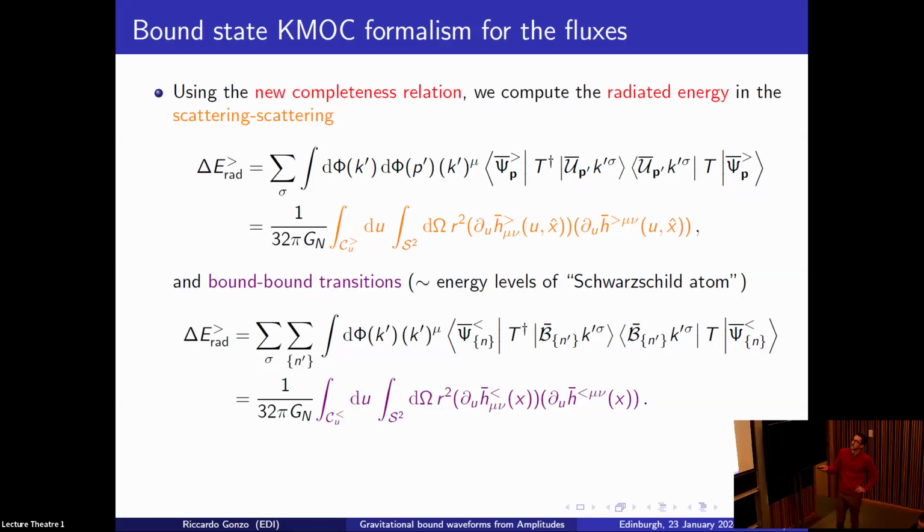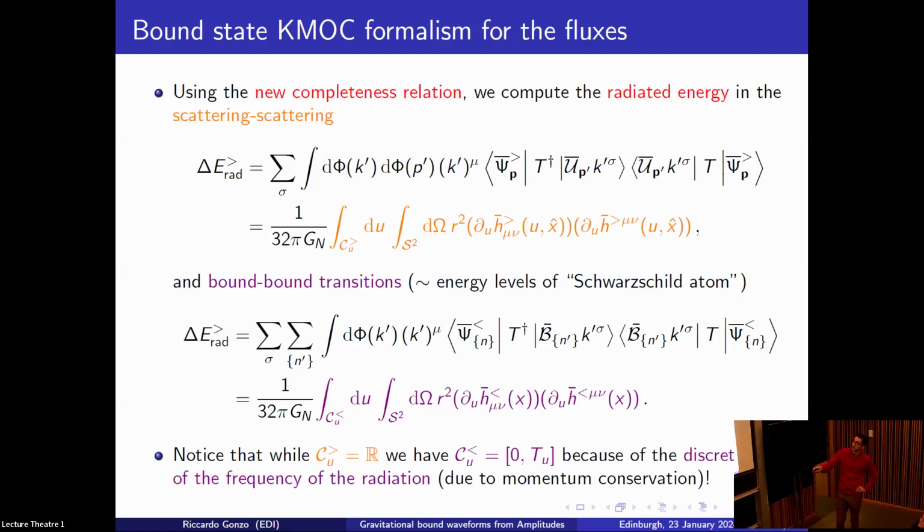This gives you the standard expression for computing energy radiated in terms of the waveform, where the integral is from 0 to infinity for the scattering case. But for the bound case, if you've seen the papers on the fluxes, there is an integral from 0 to T, the period of the bound orbit, and this is because of the discreteness of the frequency. So if you Fourier transform something discrete, you find a finite-size integral.